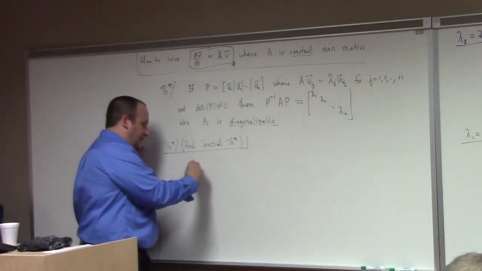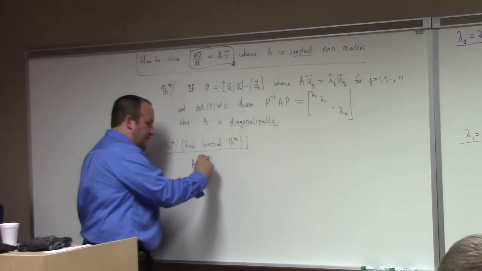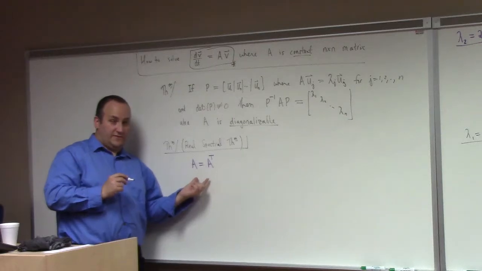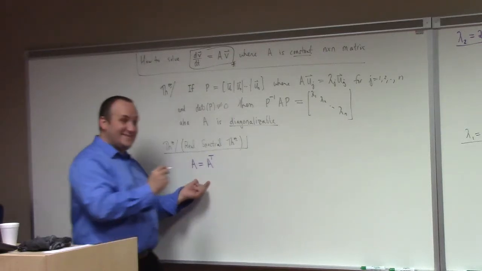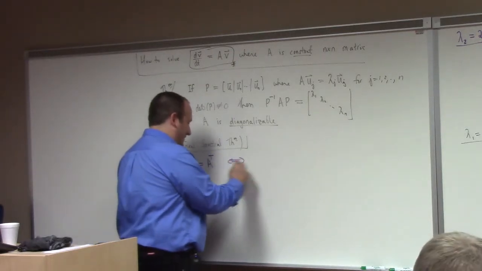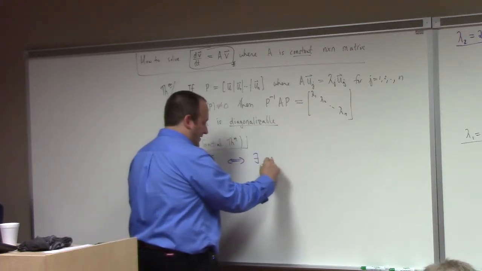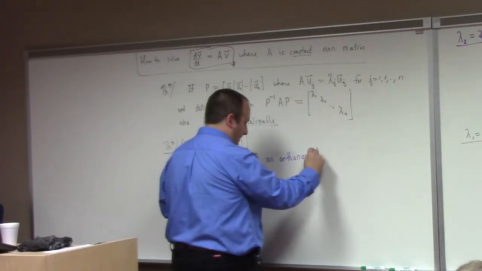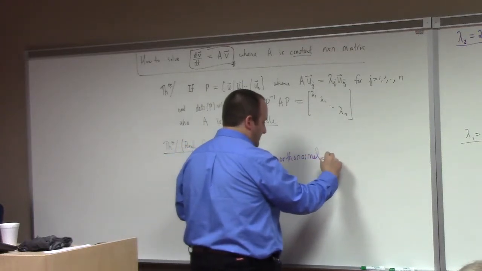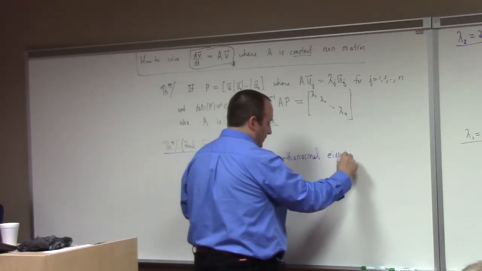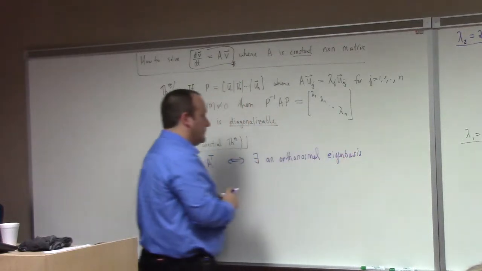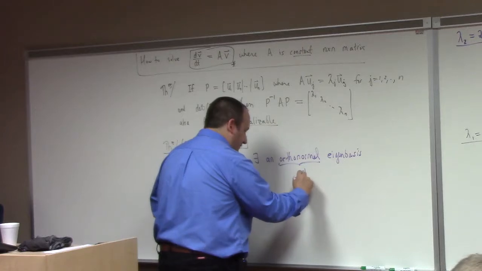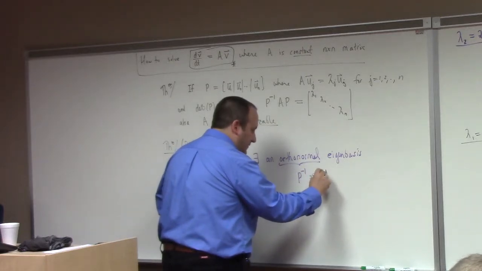But it simply says this. If we have that A is equal to A transpose, that is, if you have a symmetric matrix, it's the case, if and only if, there exists an orthonormal eigenbasis. Orthonormal means that P inverse is actually equal to P transpose.